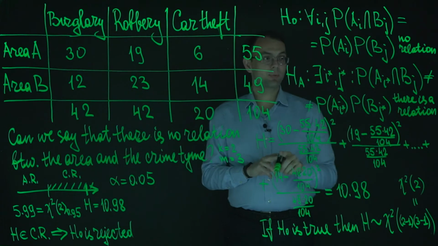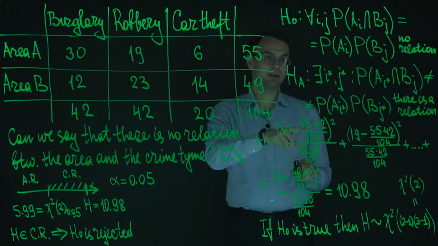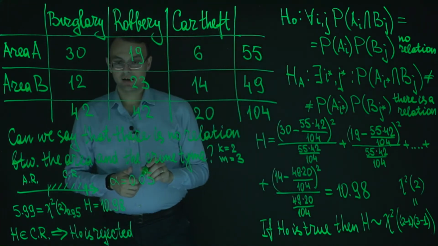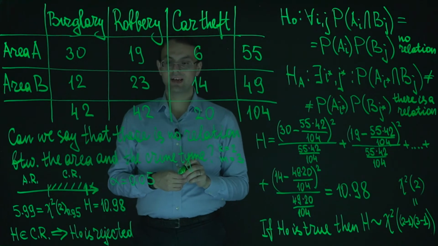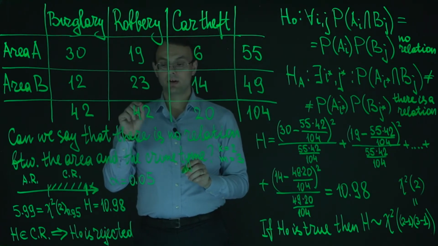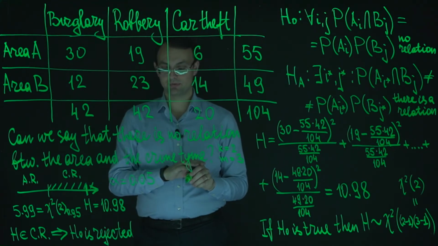And the alternative one is that there is a relation, and so we reject the null hypothesis in favor of the alternative one. So we cannot say that there is no relation between the area and the crime type at the 5% significance level, at the significance level of 0.05.